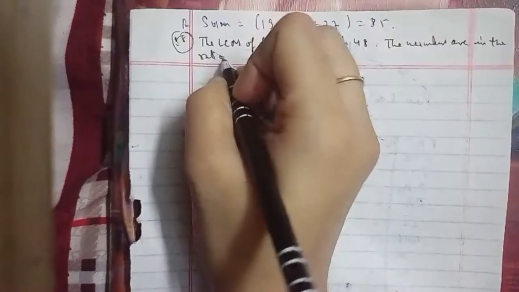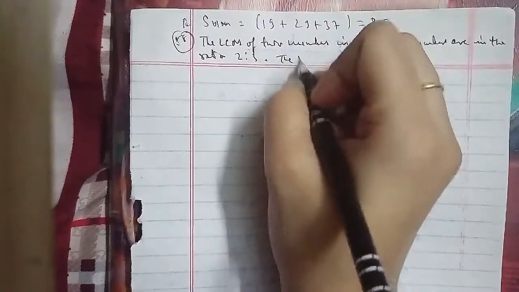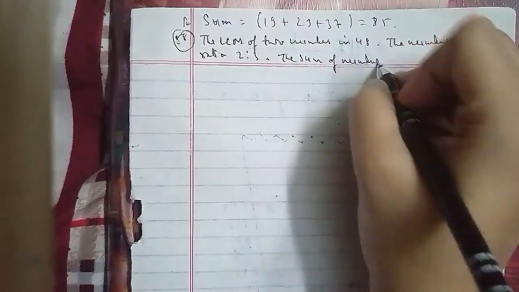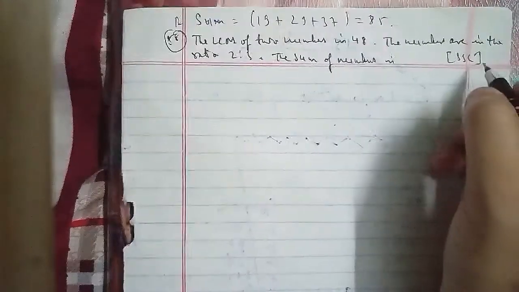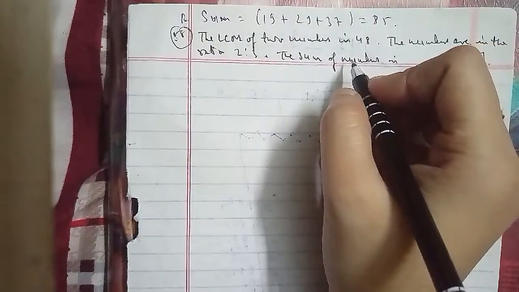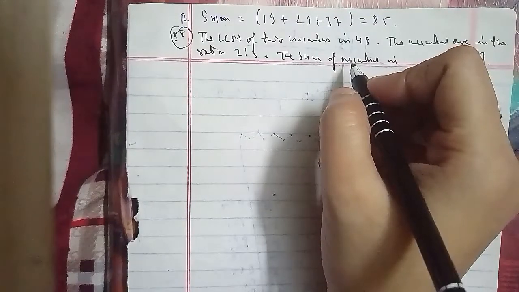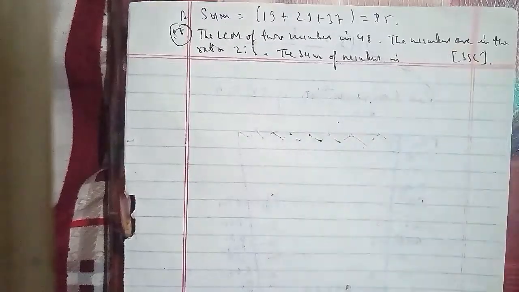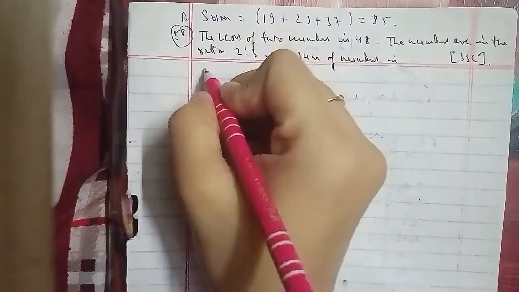Let's go ahead with the other one, and the options we have for this are 28, 32, 40 and 64. We go ahead with the solution as well. Let the numbers be 2x and 3x. LCM equals 6x, so we have 6x equals 48.